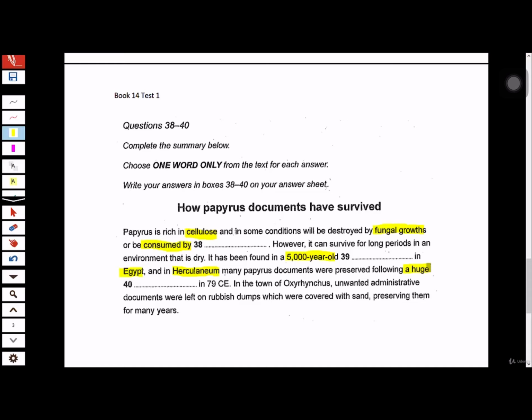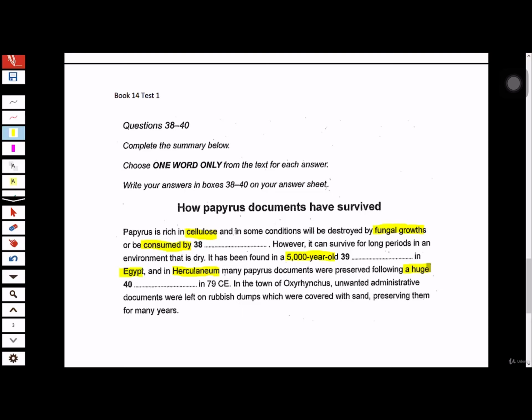As I mentioned before, this summary question comes with a multiple choice question that you have to do. It's a really good idea that before you start that multiple choice question, you go through this process that I just did, where I highlighted all the keywords for 38, 39, and 40. Just highlight the keywords and put them in your mind. Then start the multiple choice question.